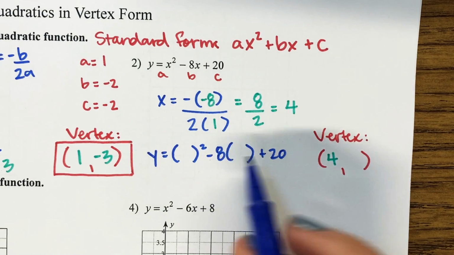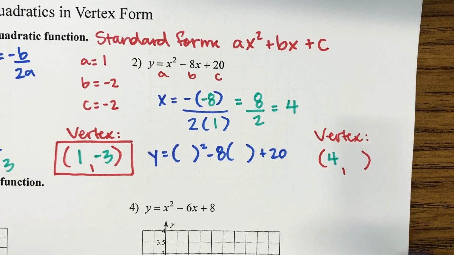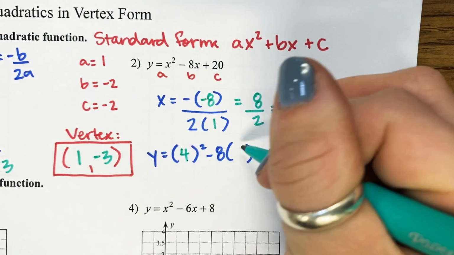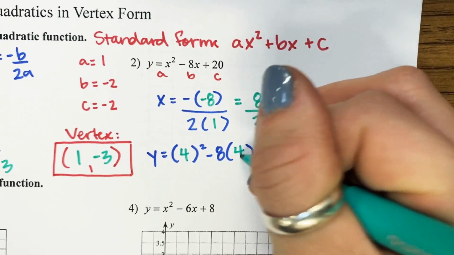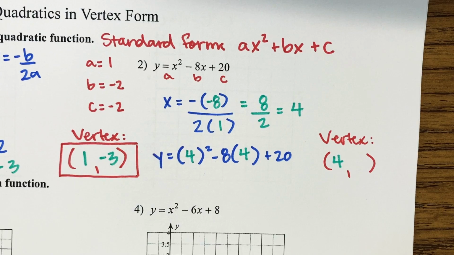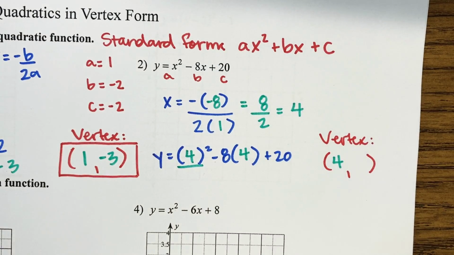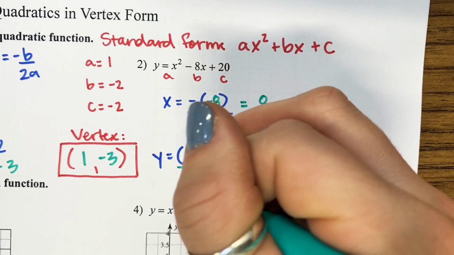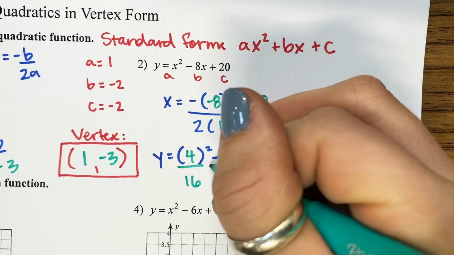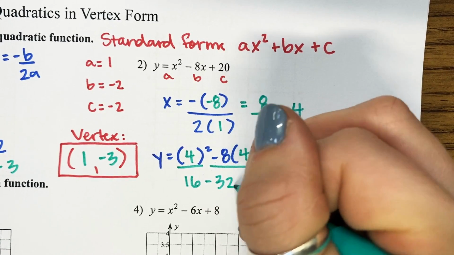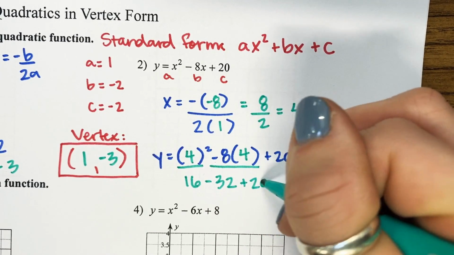Everywhere I see that space, I'm going to plug in 4. 4 squared minus 8 times 4 plus 20. Let's figure out what these numbers actually are. What is 4 squared? 4 times 4. 16. What is negative 8 times 4? Negative 32. And plus 20 on the end.